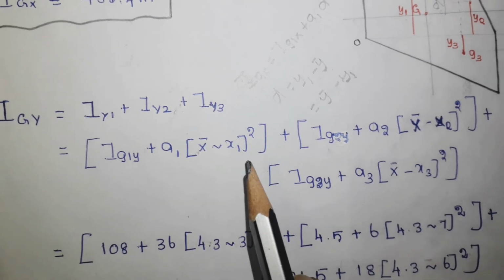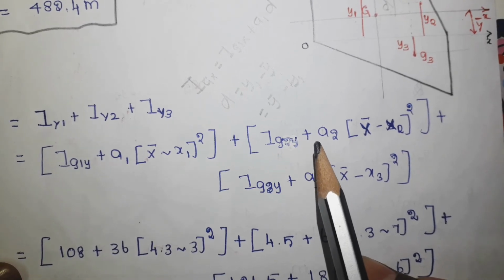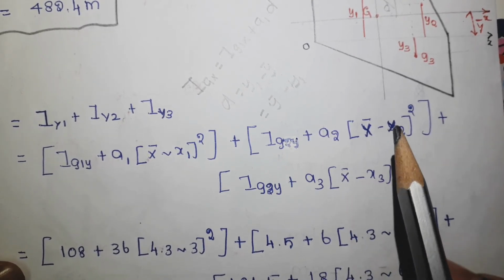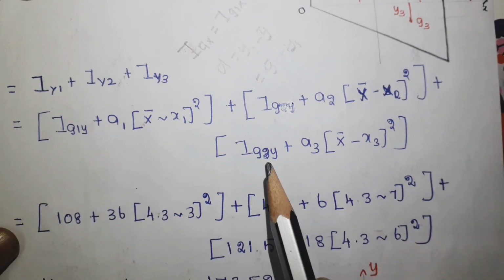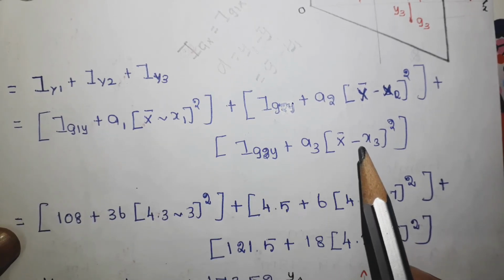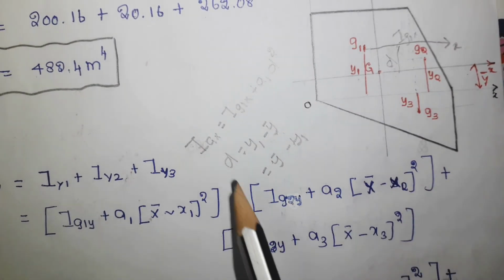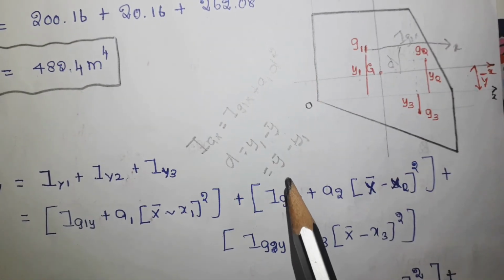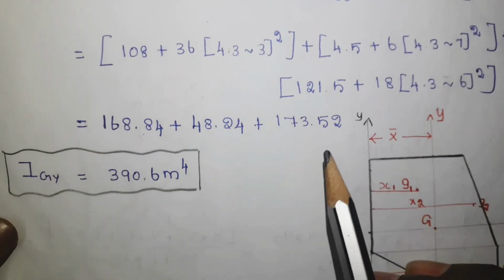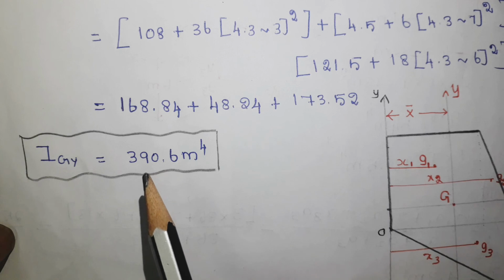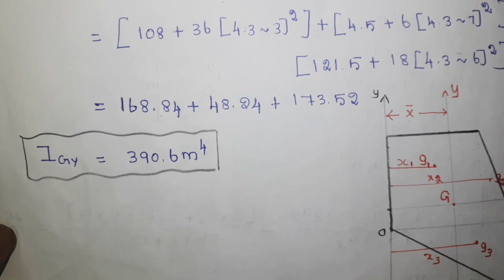And again the same equation is applied to the second triangle, a2 x2, and for that triangle G3, a3 and x3. So the concept remains same, parallel axis theorem, and substitute all the values, you'll get the answer as 393, I'm sorry, 390.6 meter to the power 4.